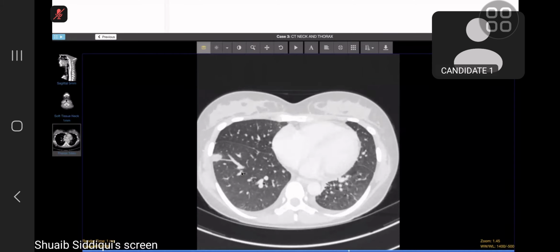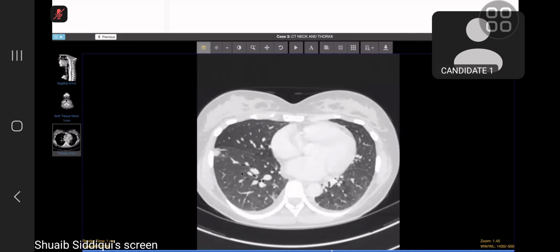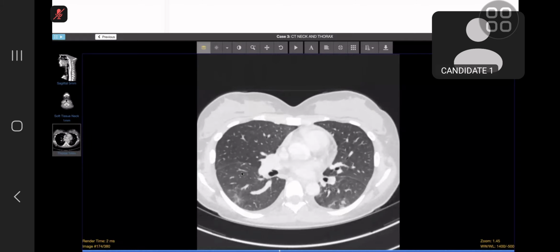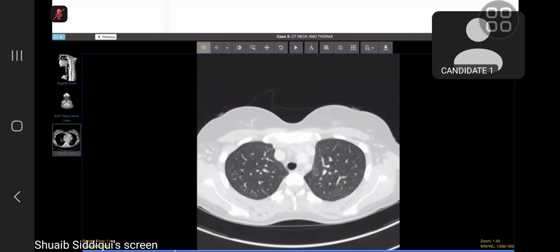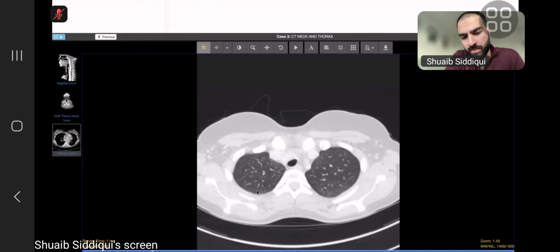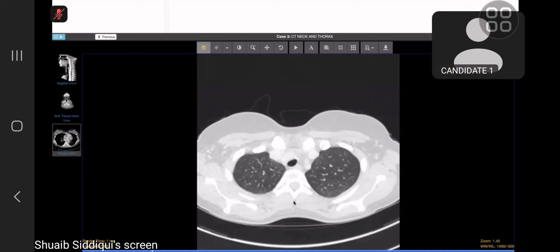There is also evidence of bilateral pleural effusion. So what do you think is going on? So these findings are likely suggestive of an infective etiology, probably viral.